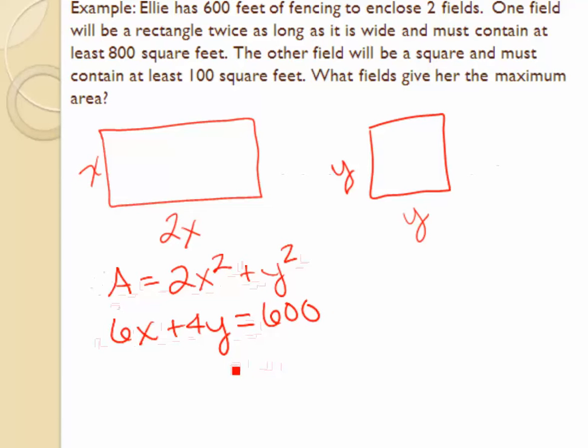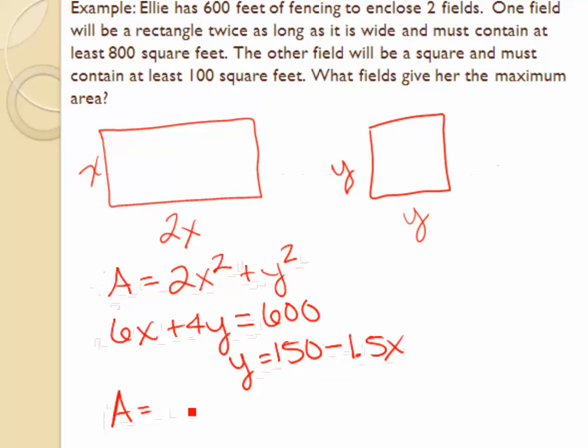We can solve that for y so that we know y is equal to 150 minus 1.5x. The reason I solve this for y is, remember, we're going to need this in terms of one variable. I'm going to substitute 150 minus 1.5x back into my area equation for y.